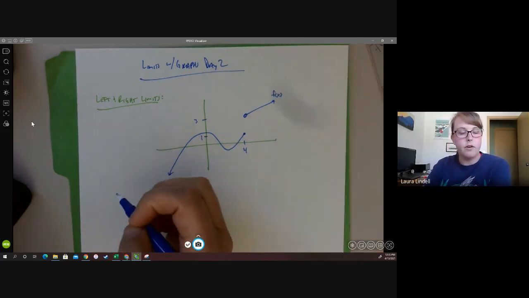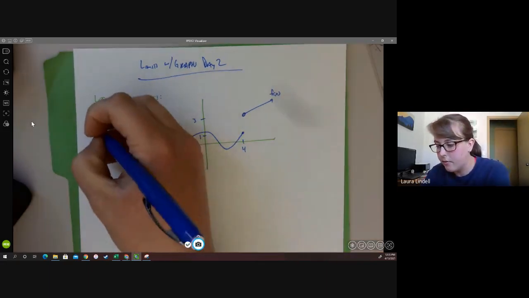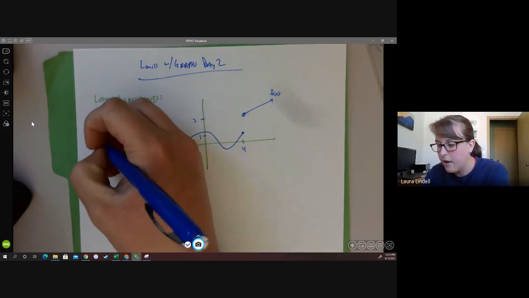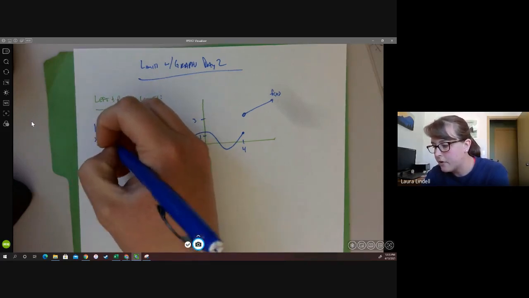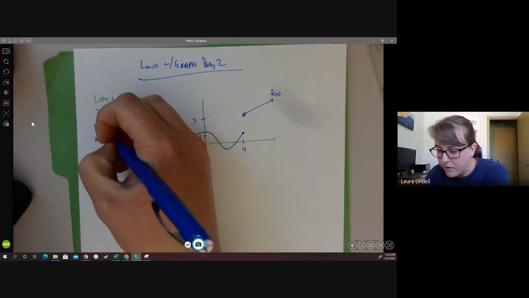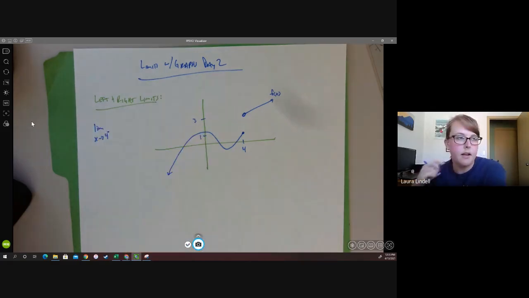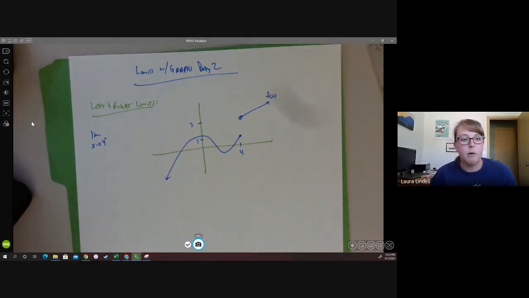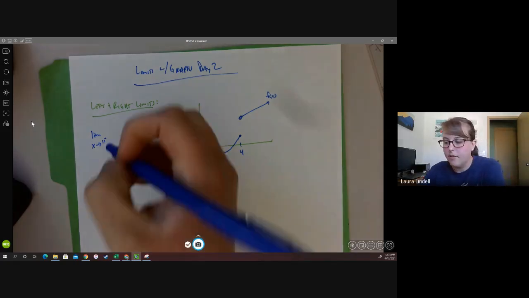And the way that we would see the notation on this, we would see the limit as x goes to 4, and then we'd see a little negative sign up in the corner, almost as though it's an exponent. This means left limit.